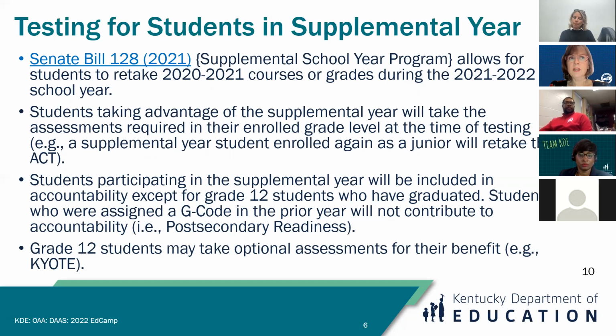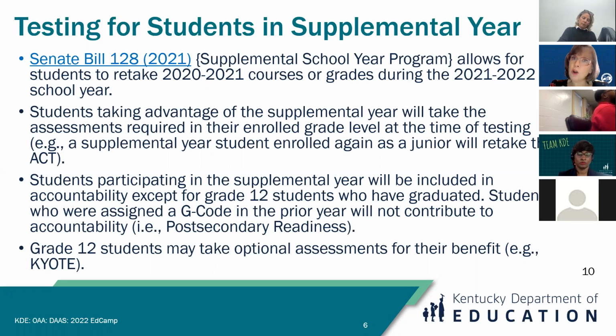So if you have students who were assigned a G code last school year, they have already gone into your accountability for post-secondary readiness when they were in grade 12 and when that G code was assigned to them. So when they come back this year as part of the supplemental year program, if they repeat, they will not need to take assessments to try to meet post-secondary readiness.